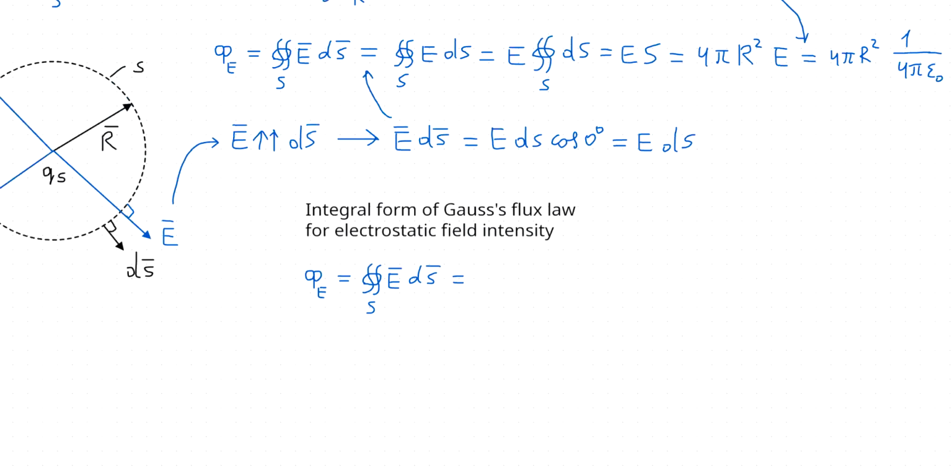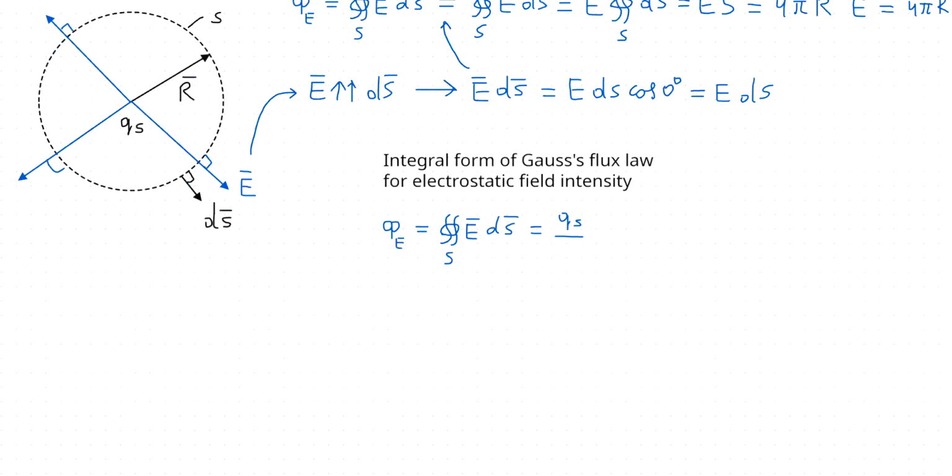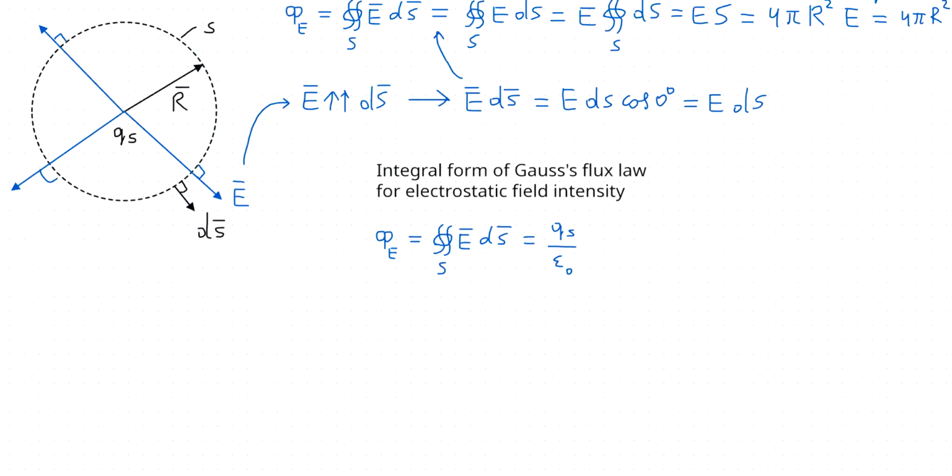And lower index S near the charge Q means that we take into account only charges inside closed surface. The electric flux of charges that are outside of closed surface is equal to 0. So here we have only charges inside a closed surface.